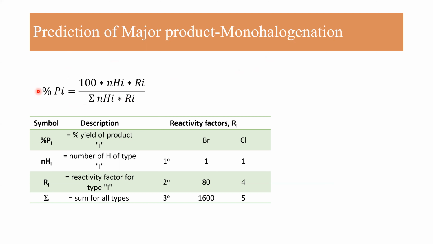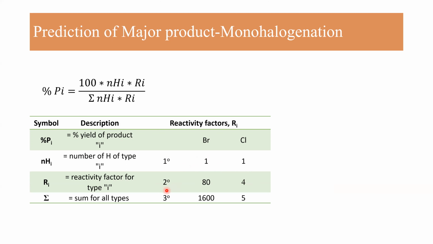Before discussing that equation, you have to remember the reactivity factor, the regioselectivity values for bromine and chlorine. For the primary, bromine has the preference 1, chlorine has 1, right? For the secondary, bromine has 80 times more preference than the primary one, while chlorine has 4 times preference for the secondary over the primary.